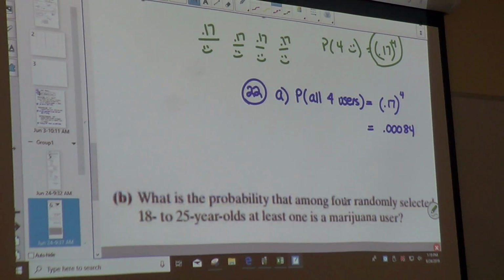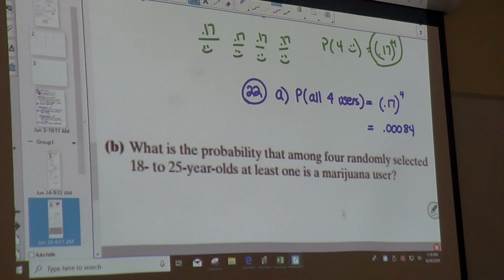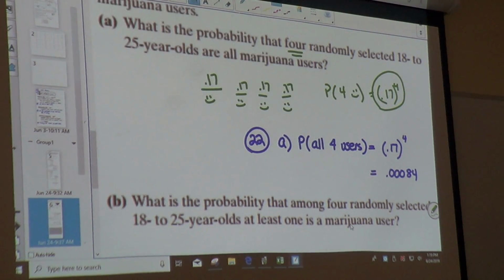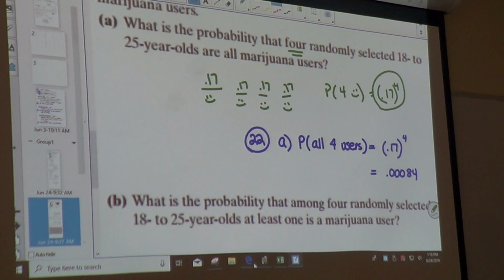Now, for the next one. Well, I didn't get that when I put that in my calculator. 0.17 to the 4th power? Yeah, I got 8.3521 times 10 to the negative 4.